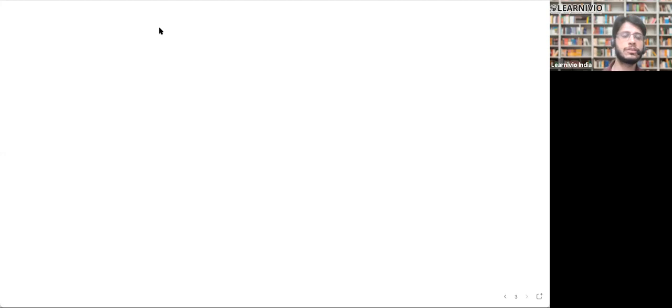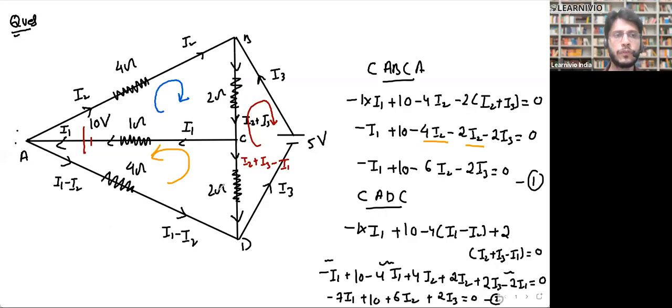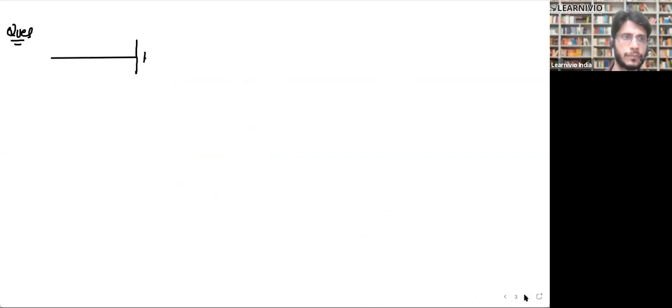So the next question is: in the previous question, what exactly did we have to find? You're supposed to find the value of current through each resistor, I1, I2, and I3. So I'm giving you this circuit.